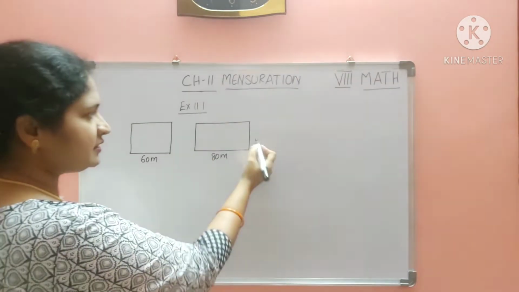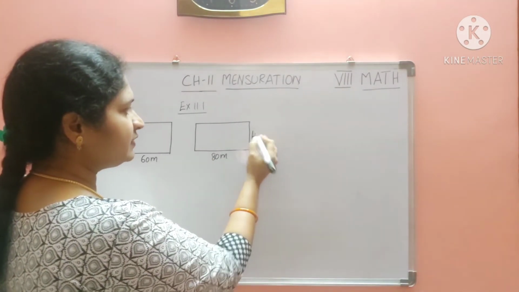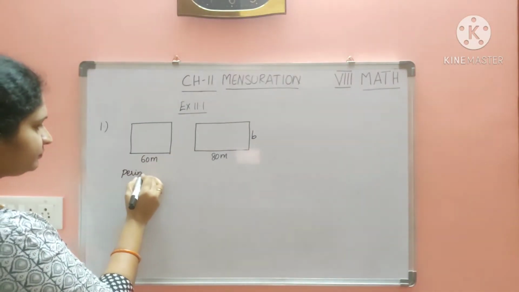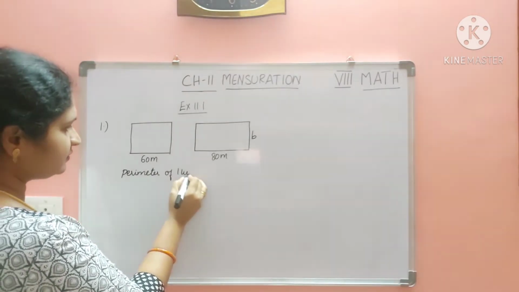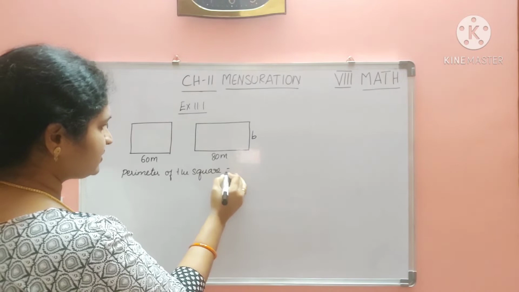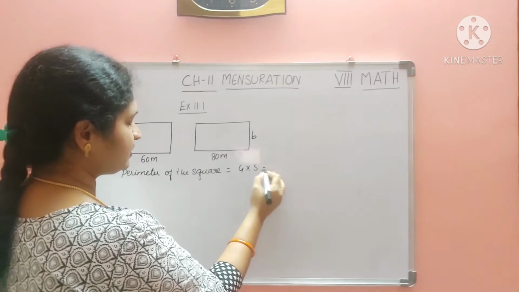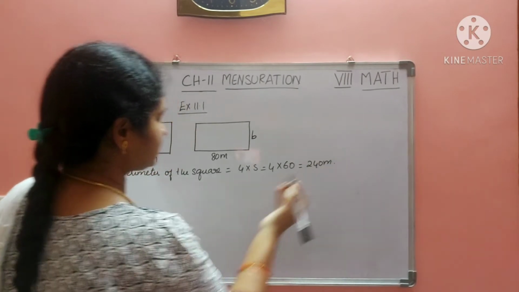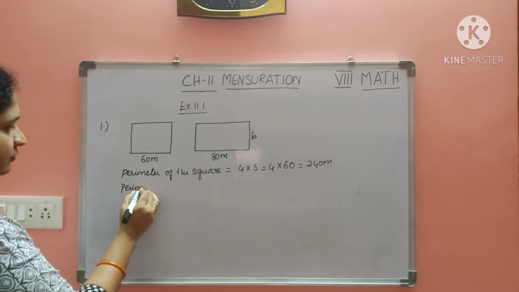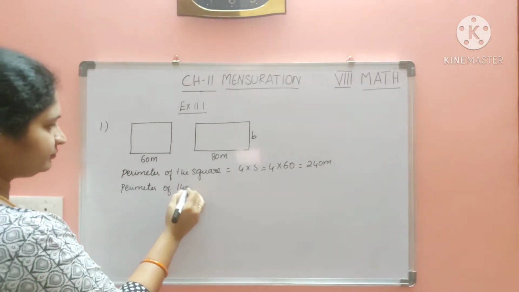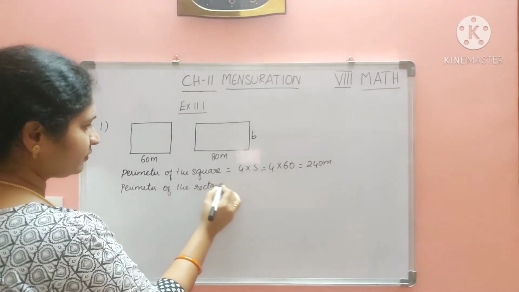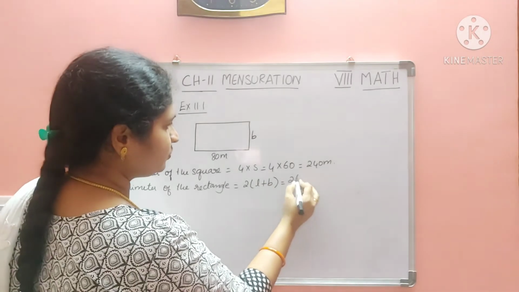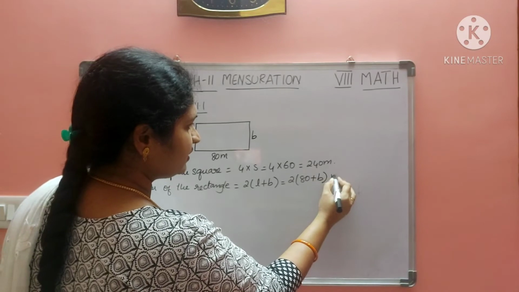Since the breadth is not given, I am taking the breadth of the rectangle as B. Perimeter of the square is equal to 4 into S, so 4 into 60, which is equal to 240 meters. Next, perimeter of the rectangle is equal to 2 into (L plus B), which is 2 into (80 plus B) meters.